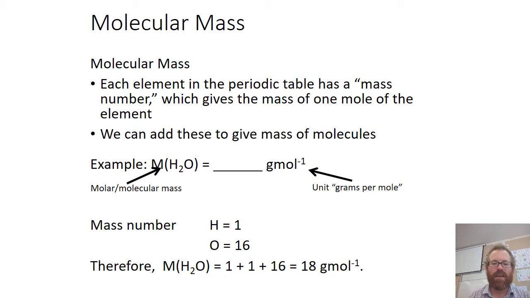But how do we calculate that? Just a reminder, we use information that is found in the periodic table, because in the periodic table, the atomic mass, or the mass number, if we add those together for all the different atoms in the molecule, we get to the molecular mass or molar mass of that compound.